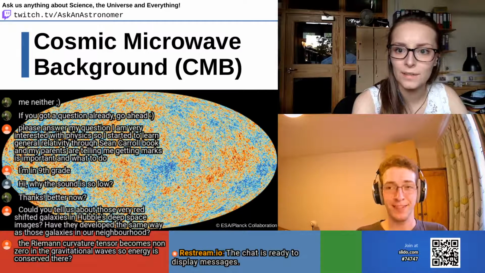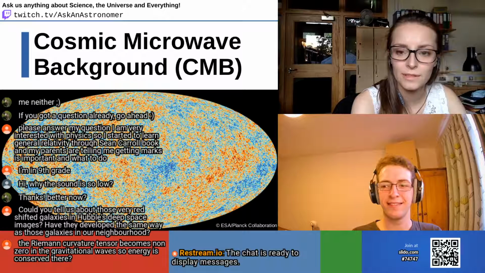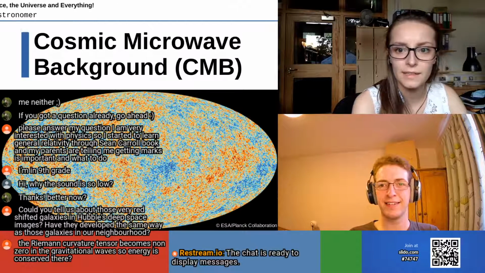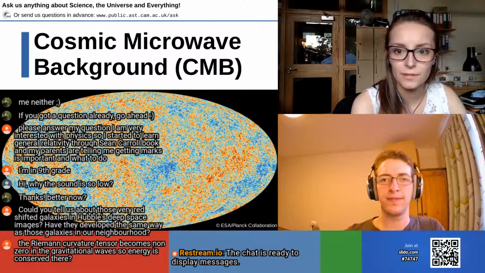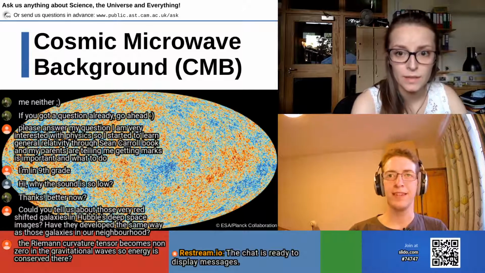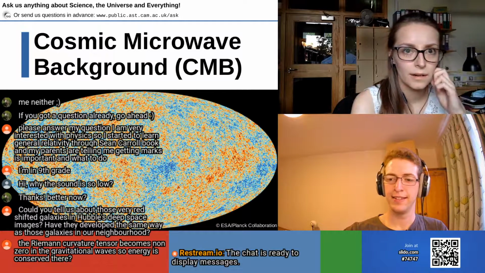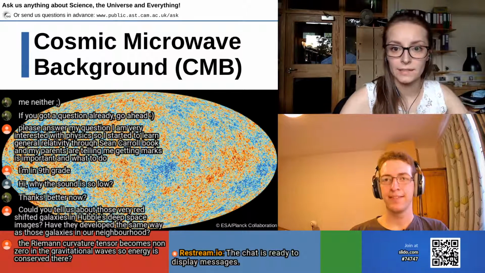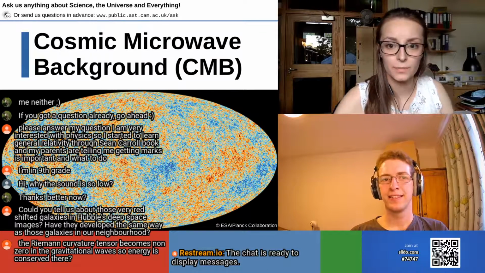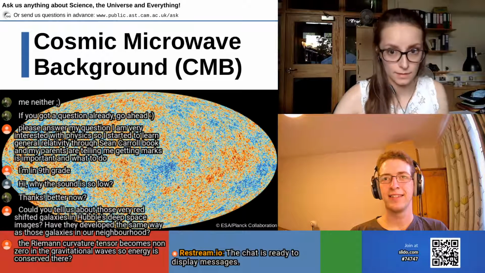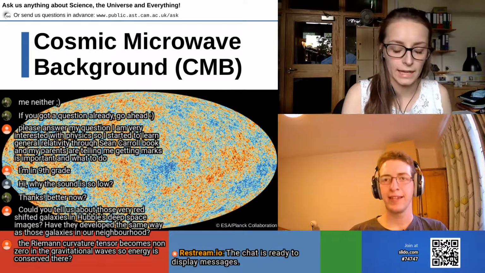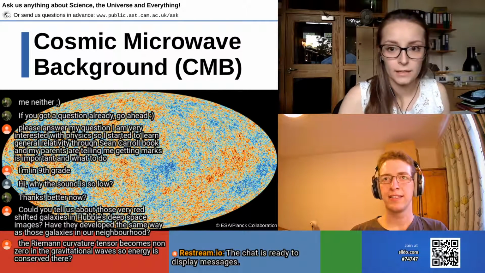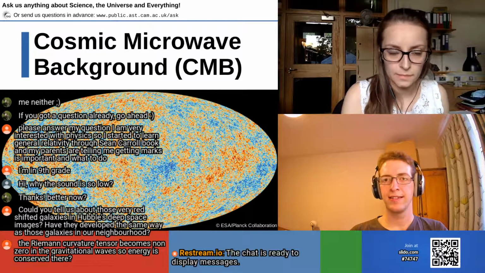Yeah. So what's nice about these oldest, most redshifted galaxies is that, as far as I know, they tend to be elliptical in shape. The ones that are more local or later time galaxies tend to have these beautiful spiral arms, just like our galaxy. But they can also be irregular in shape. These oldest galaxies tend to be elliptical.